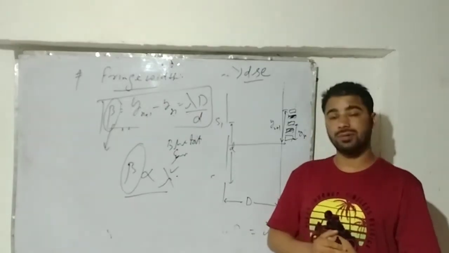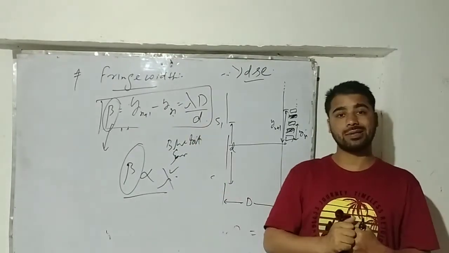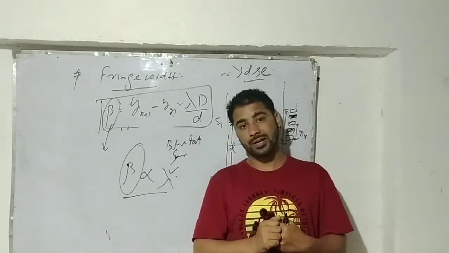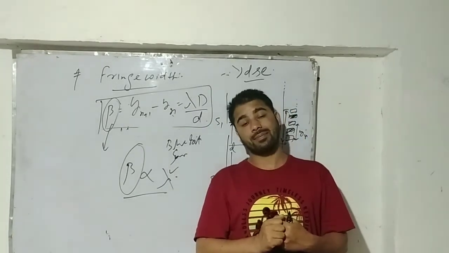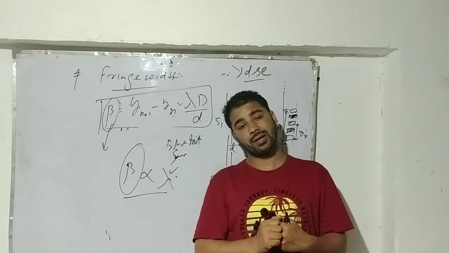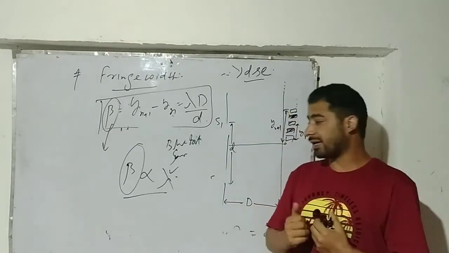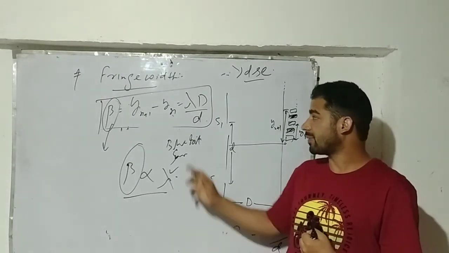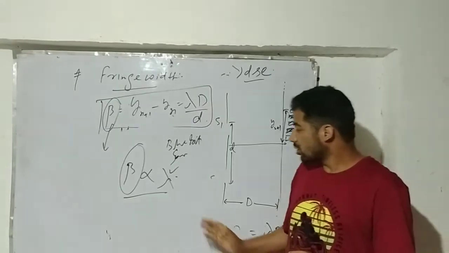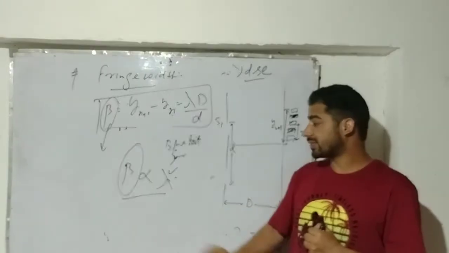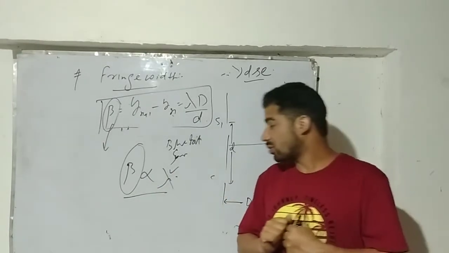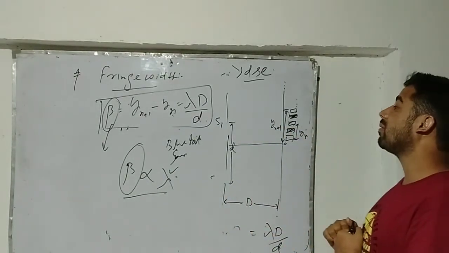The answer to this question: when I'm changing the source of light, taking a blue light source instead of a sodium lamp as the light source, I'm getting the confirmation here because I'm not changing these other parameters. So I got the idea that my beta is going to be less for the blue light source.